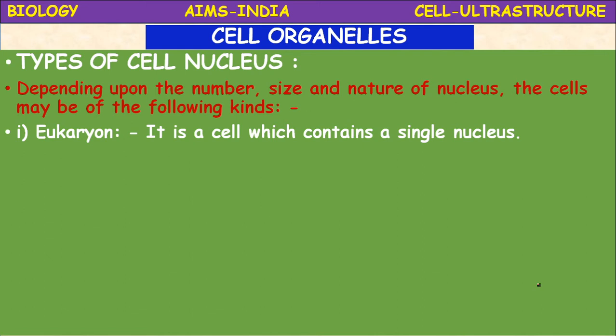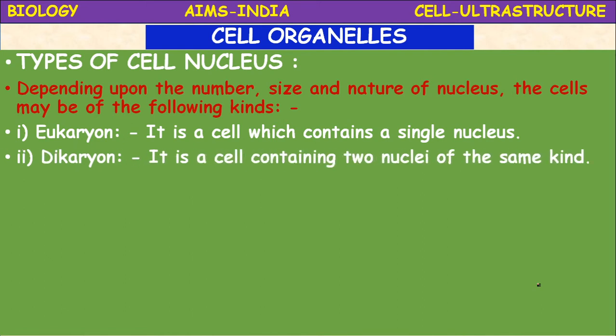Eukaryon means a cell which contains a single nucleus. Eu means true. Karyon, nucleus. If only one nucleus is present, then it is called a eukaryon.